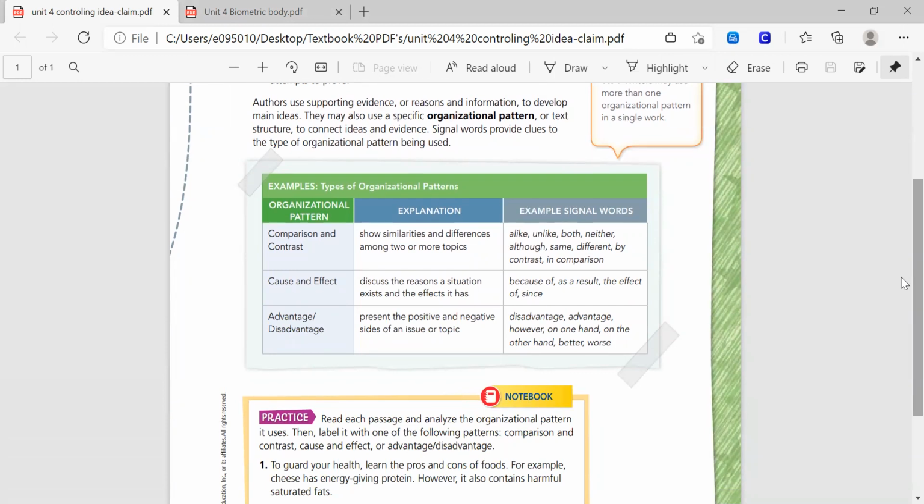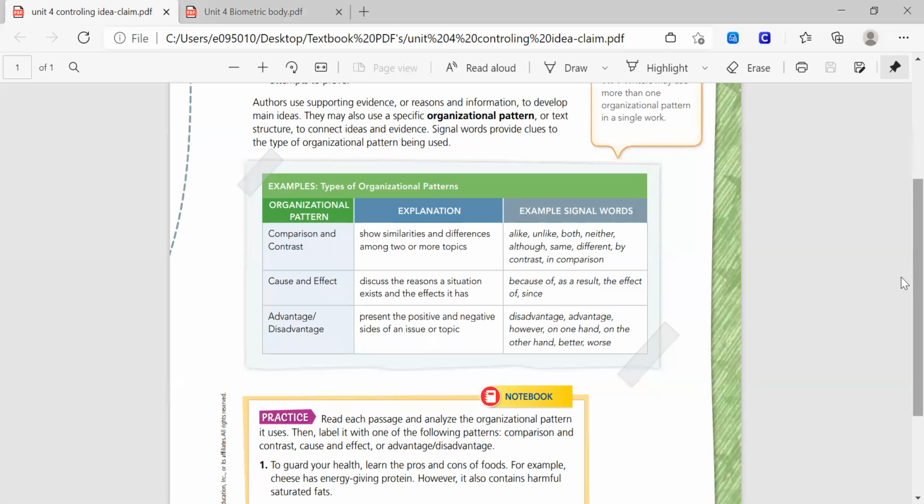Comparison and contrast. This shows similarities and differences among two or more topics. Some example signal words could be alike, unlike, both, neither, although, same, different, by contrast, in comparison.